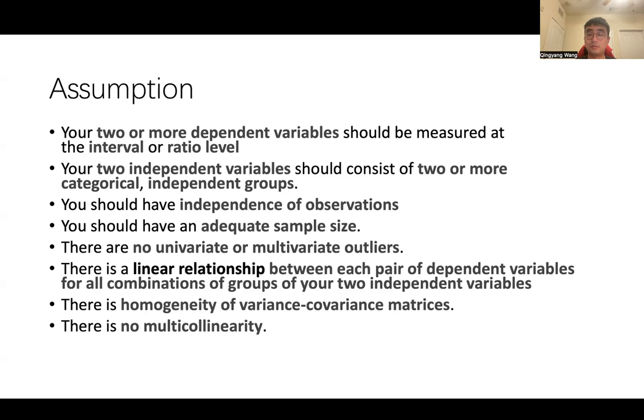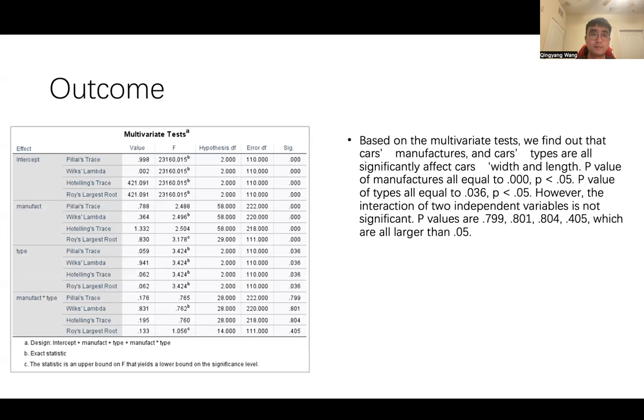So let's move to my outcomes. Based on the multivariate tests, we found that the car manufacturers and car types individually are very significant for the dependent variables. The p-values of the manufacturers are all equal to 0.000, which is much less than 0.05.